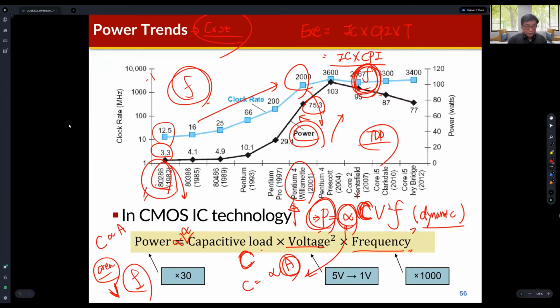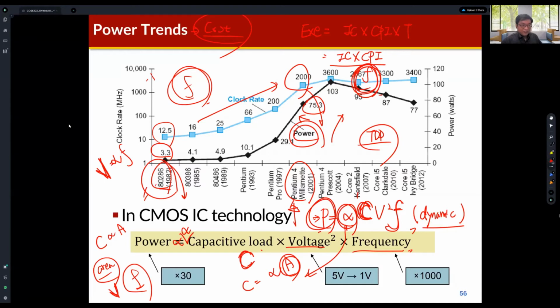The power is proportional to clock frequency. That's the problem. In order to increase the performance of a CPU, we need to increase the clock frequency, but if a CPU is running with higher clock frequency, it will consume higher power. And the supply voltage is also proportional to clock frequency.